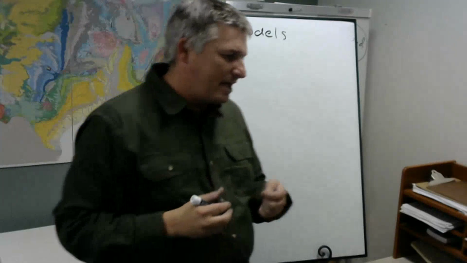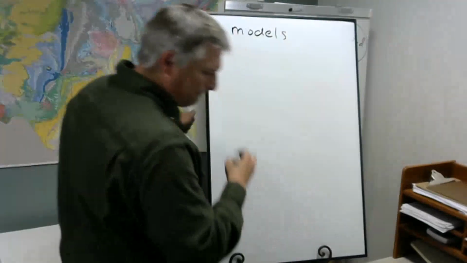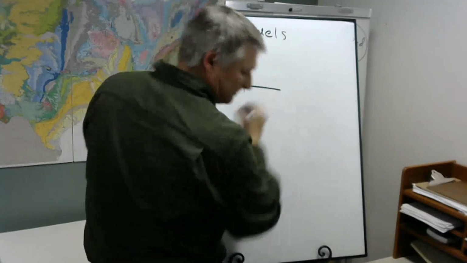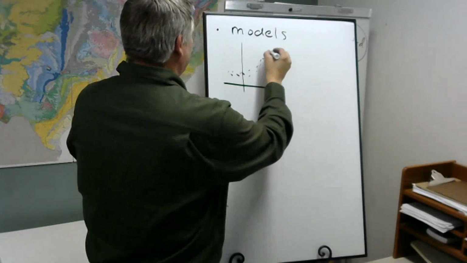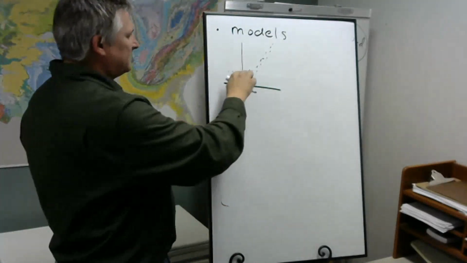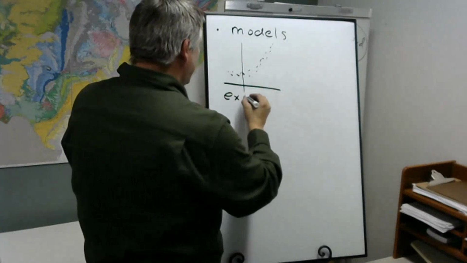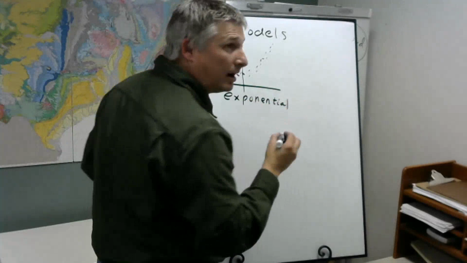Depending on how the data is shaped, it gives us an idea what kind of model we want to use. So, for example, if we have data that's doing this, well, it's suddenly increasing. So this might want an exponential model.